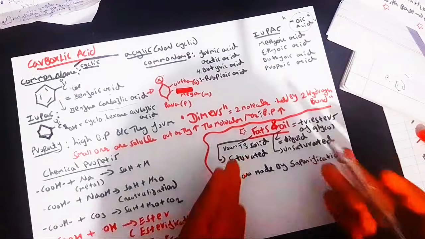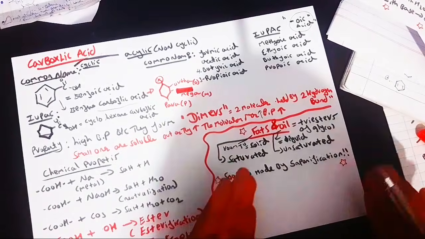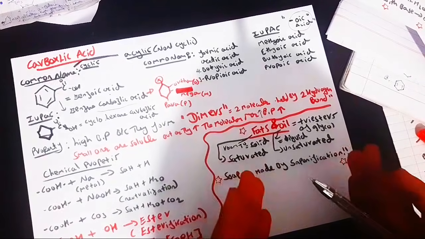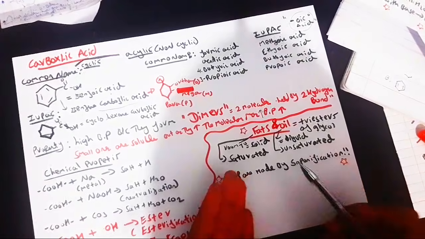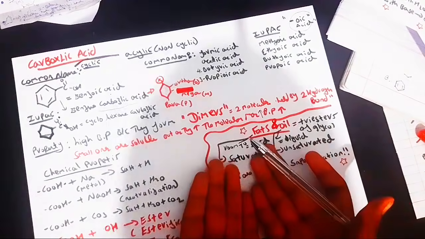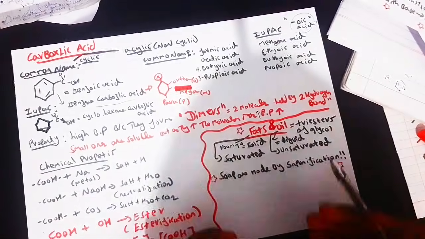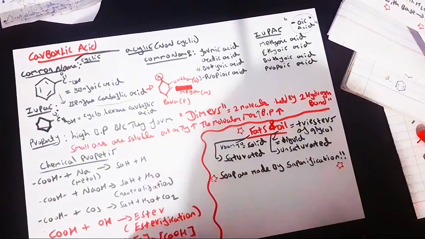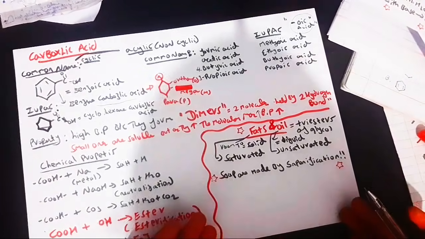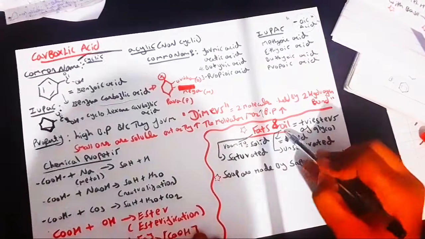And lastly, we have an addition in this chapter in grade 11, chapter 6, which is about fats and oils. Fats and oils are triglycerides.